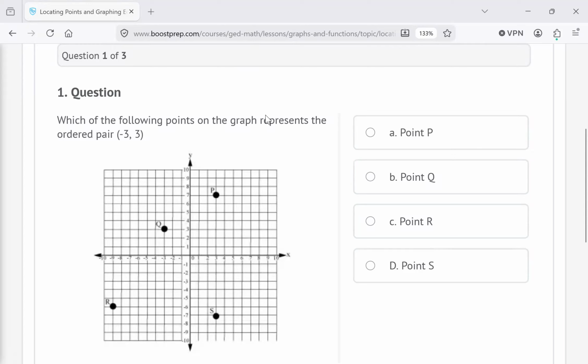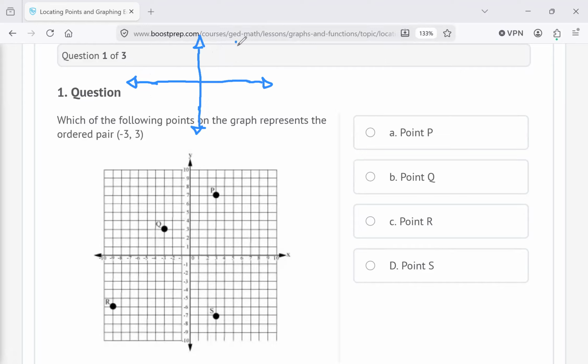So here you have a Cartesian plane. This is how you see it correctly.